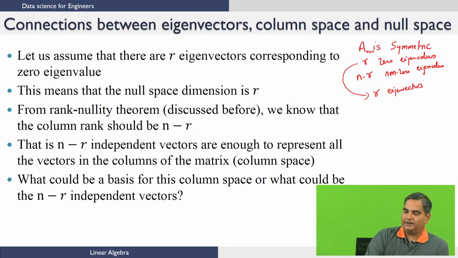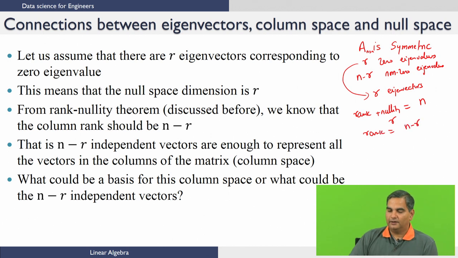And from the rank nullity theorem we know that rank plus nullity is equal to the number of columns, in this case n. Since there are r eigenvectors in the null space, nullity is r. So, the rank of the matrix has to be equal to n minus r. So, that is what we are saying here, and further we know that column rank is equal to row rank, and since the rank of the matrix is n minus r, the column rank also has to be n minus r.